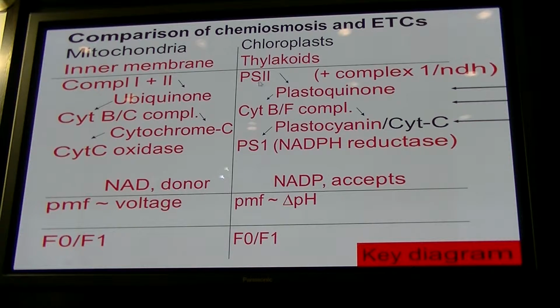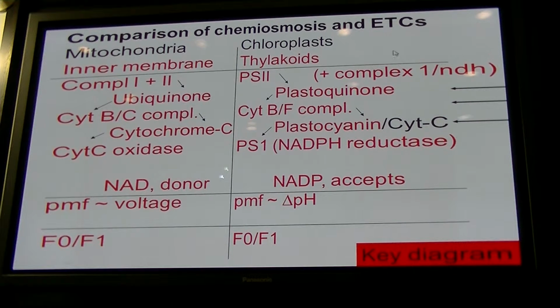In the thylakoids, in the chloroplast, we start with photosystem 2. But in cyclic electron transport, we can also say we have a starting point, and that's actually a complex 1-like NADPH reductase. So this is some extra information. Now you see there's a similarity between respiration and photosynthesis there.